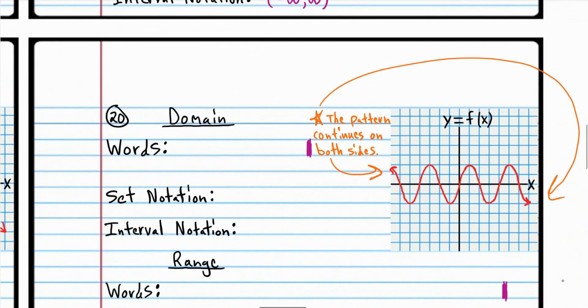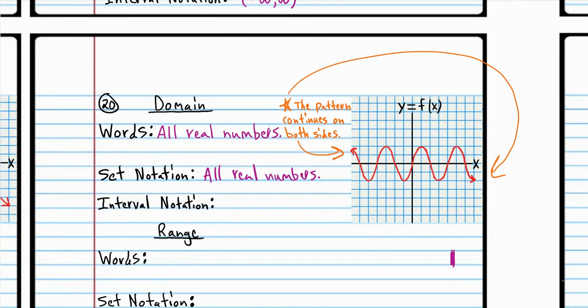Okay, we're back. The domain of that function represented by the graph is all real numbers. And in set notation, of course, we say all real numbers. In interval notation, we say -infinity, comma, infinity.